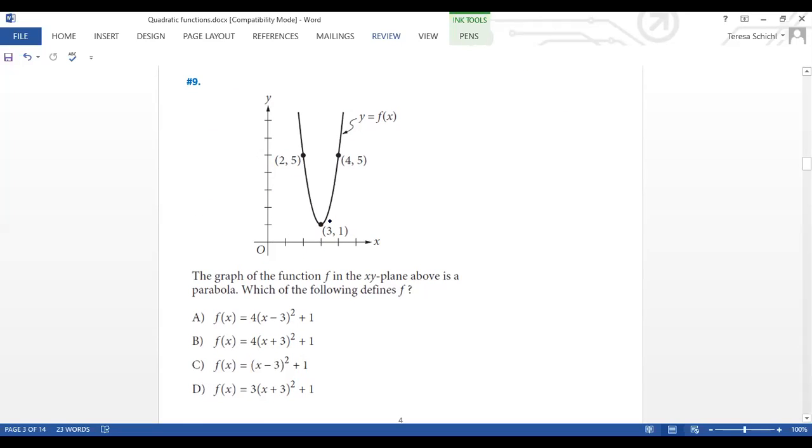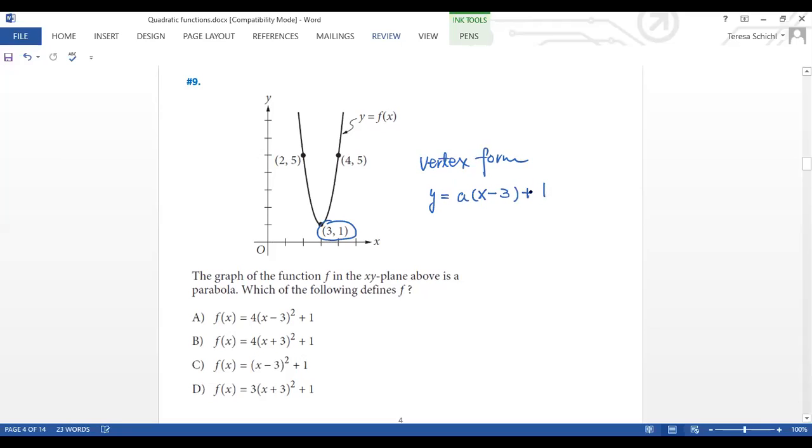Now in here, this is my vertex, correct? So if I change it to the vertex form, my y has to be something like (x minus h) squared plus k, and plus 1 here.